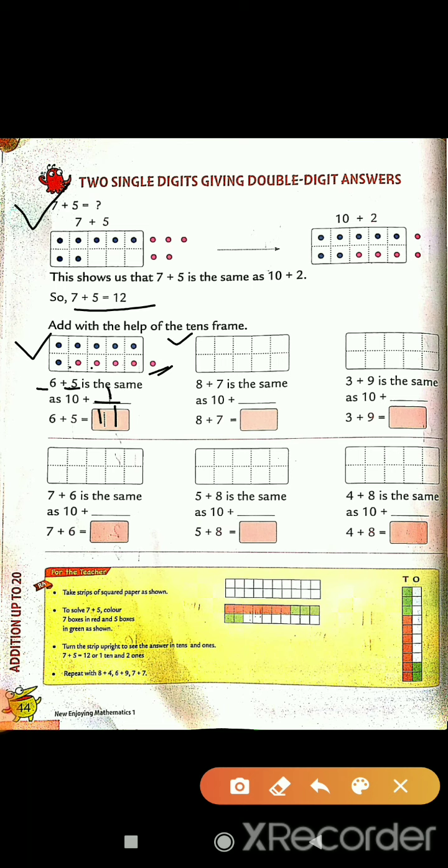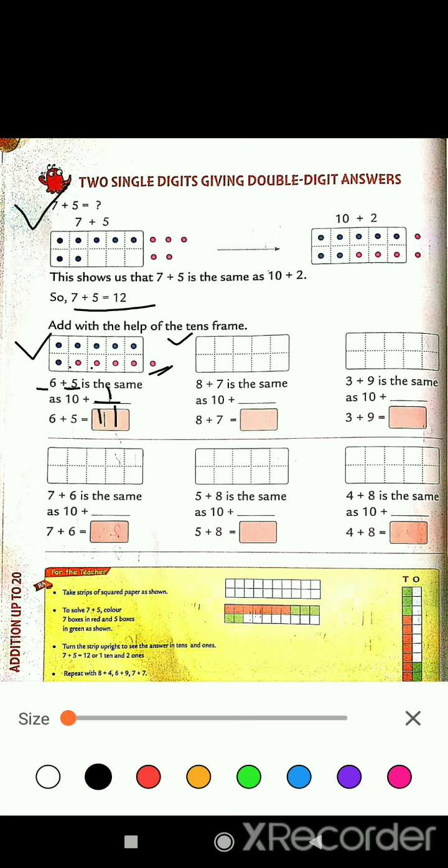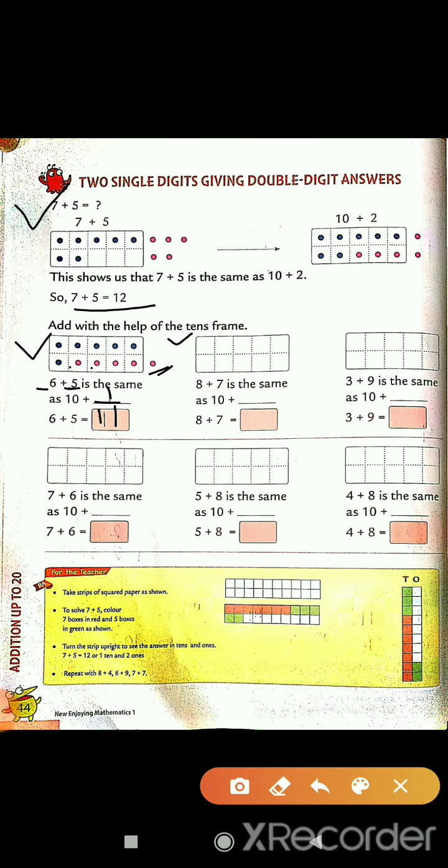Second, 8 plus 7 is the same as 10 plus dash. Students, take blue color in your hand, and now you have to put how many blue colored balls? 8 blue colored balls.